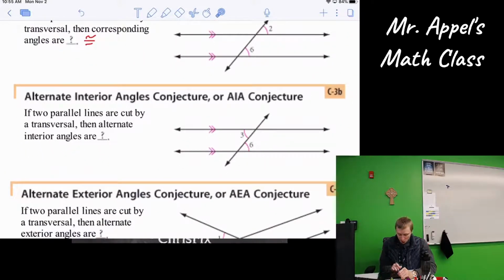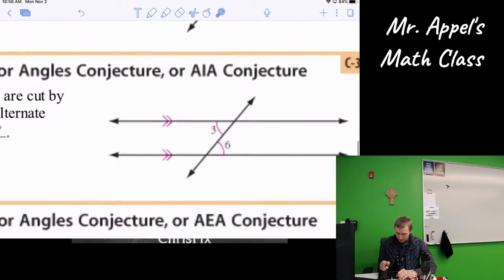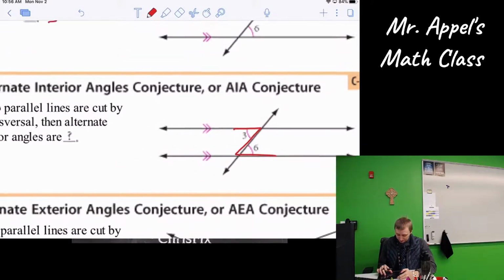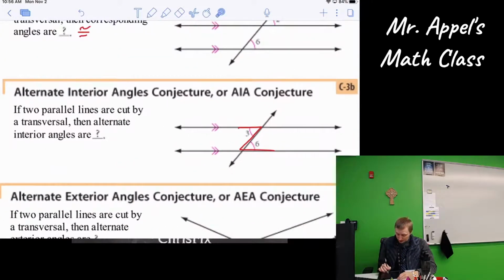Okay, next up we have the alternate interior angles. This one's really fun because this is the Z. See that? The Z angles. Alternate interior angles we shorten there, AIA. What do you think is the relationship between those angles?